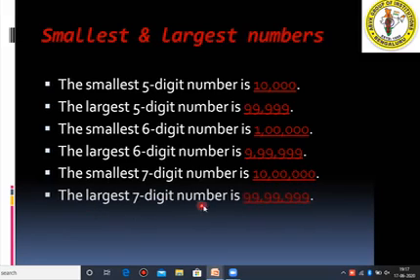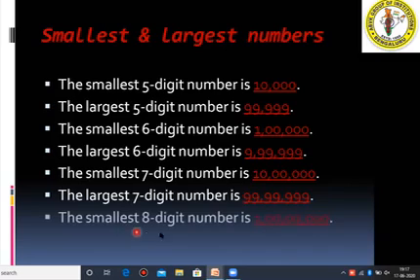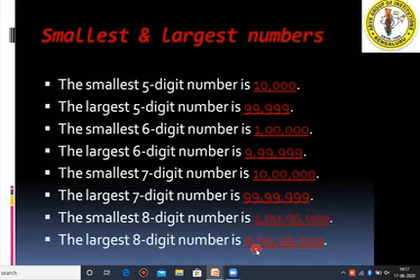The largest 7-digit number is 99,99,999. Next, the smallest 8-digit number is 1 crore. The largest 8-digit number is 9 crore 99 lakh 99,999.